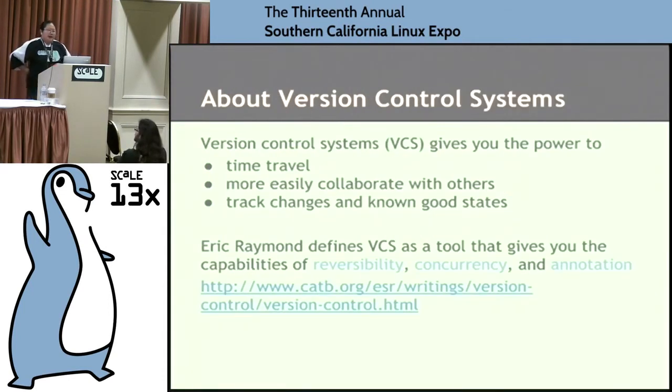So Eric Raymond gives this definition of version control systems as a tool that gives you the capabilities of reversibility, concurrency, and annotation. And if you're asking what that means, so did I. So when I explain version control to people and I try to convince them that it's a good thing to do, I tell them first off that it gives them the power of time travel. If you've ever done something that you regretted and you wish that you could go back in time and get a do-over, version control systems will give you that power with your files.